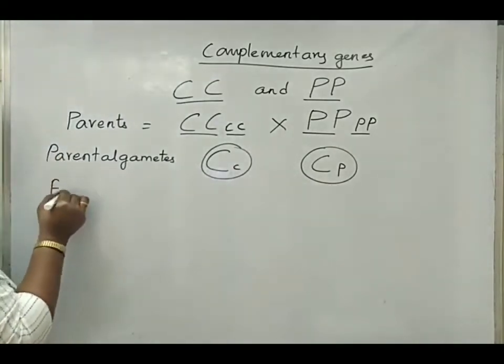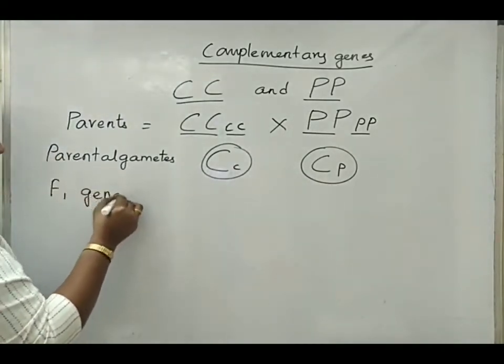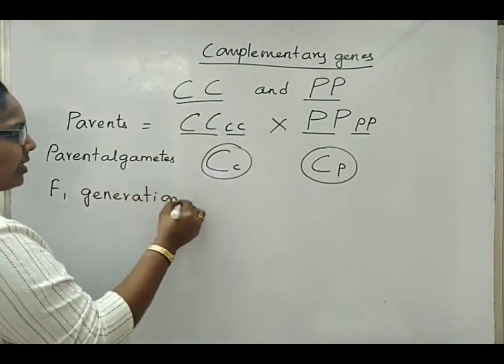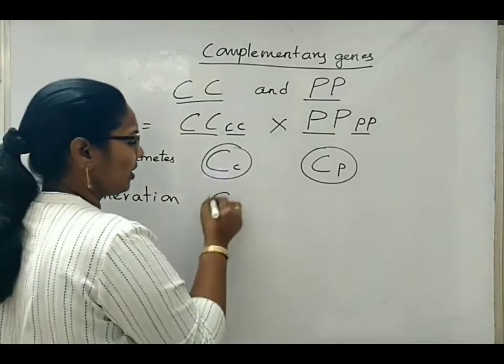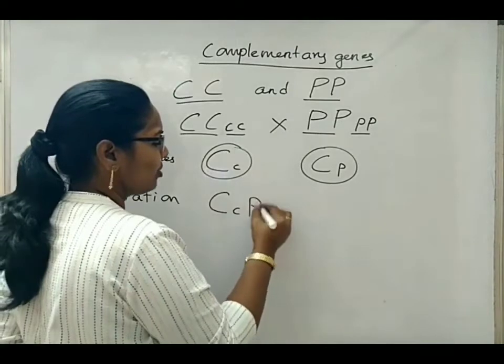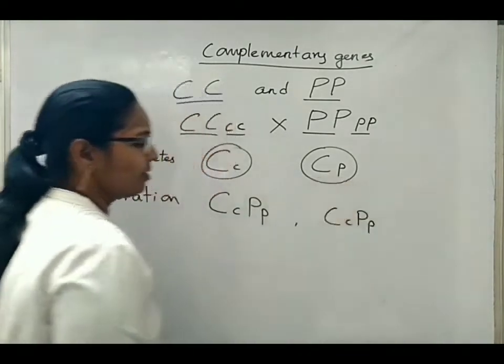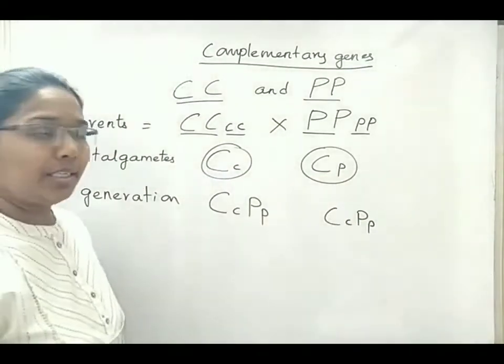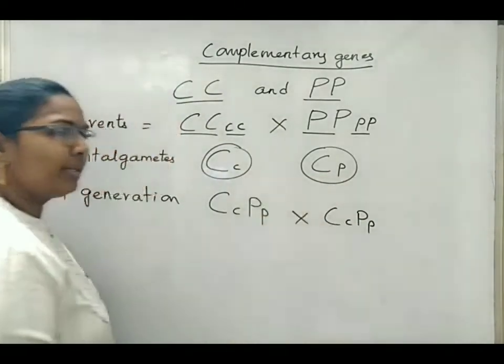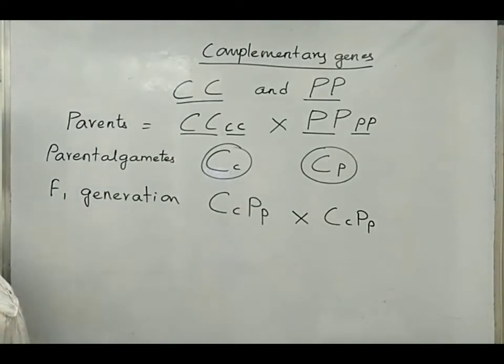Now, when we go for the F1 generation, when we cross this one, we get the combination of alleles like this. And to obtain the F2 generation, we have to cross the same F1 offspring among each other.